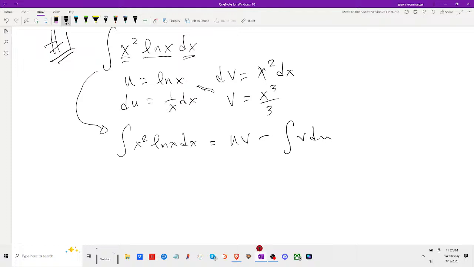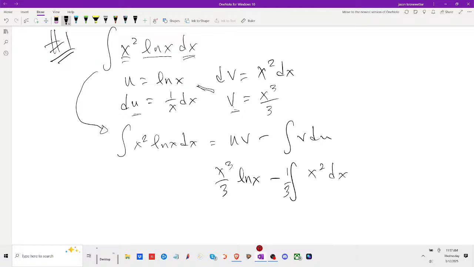That's going to be x cubed over 3 ln x minus the integral, and then I have v du here. When I multiply v and du, notice that one of the x's cancels. And I get 1/3 x squared dx.